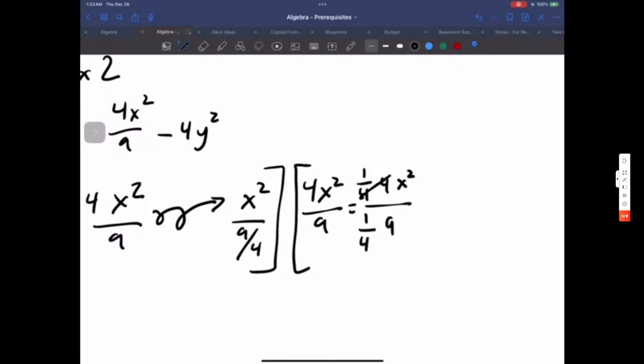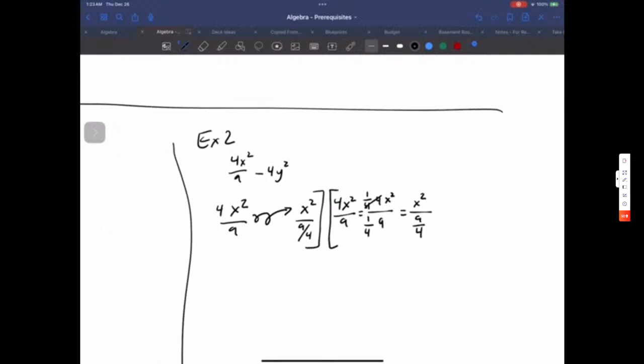Well, these 4's cancel out, and I'm just left with x squared in the top. And now I have on the bottom 9 divided by 4. That's the proper way to think of how that's happening. The movement type stuff is just a shorthand for what happened right there. So whatever way works for you, you get to be comfortable with that. Okay, so those are the two ways you would do it.